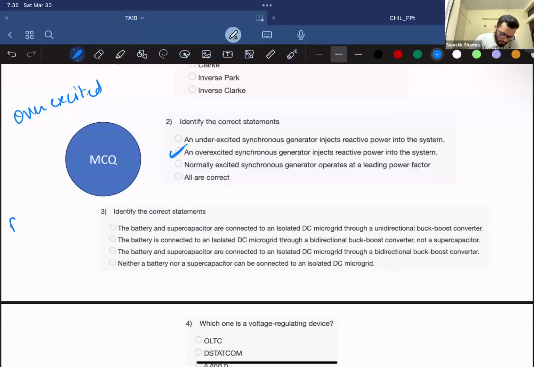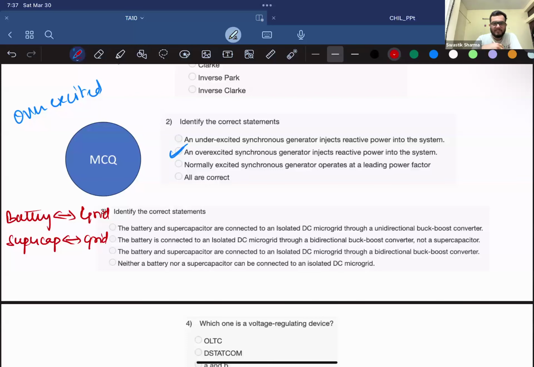So your battery requires bidirectional power. Supercapacitor, let's say if it discharges to the grid, won't it need to charge back?